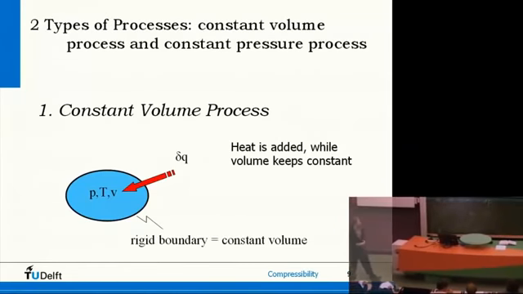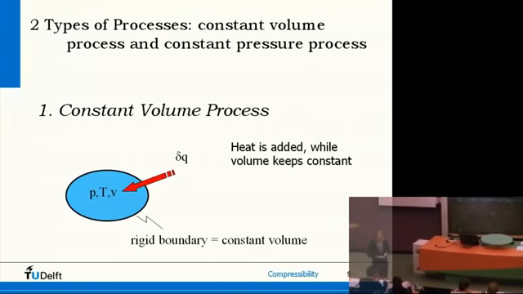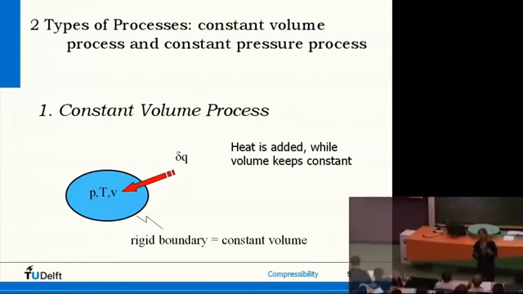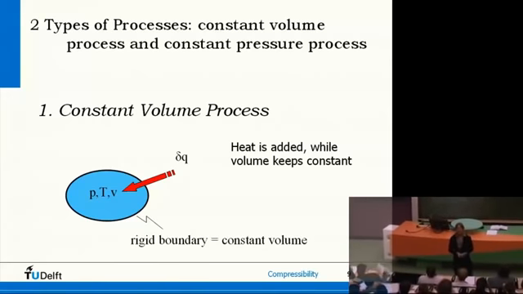So let's start with a constant volume process. Suppose I add heat to my system. I heat it up. I have a system of gas. What will happen is the molecules will move faster, right? Temperature will go up, and maybe also the volume might increase.